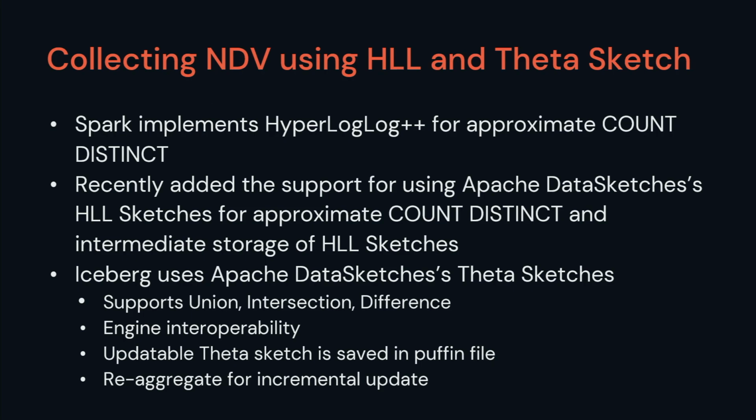It uses the Apache DataSketches HyperLogLog sketch to compute the approximate count distinct. More importantly, Spark has added the ability to store the intermediate storage for HyperLogLog sketches. So after this, we can calculate the incremental update for NDV in a much more efficient way.